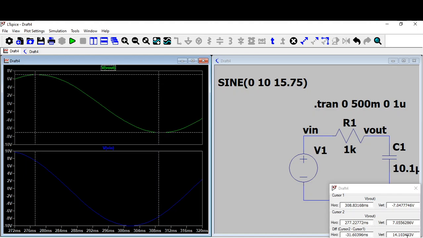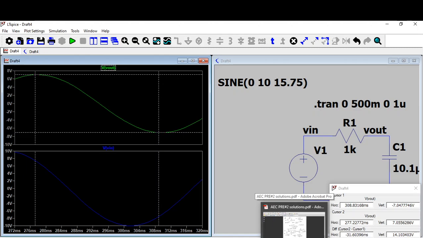You can see the difference of time is actually 31.6 millisecond. So 180 degrees corresponds to 31.6 millisecond. How did you get that? It is 15.75, 1 over that, by 2. This is how you got it.